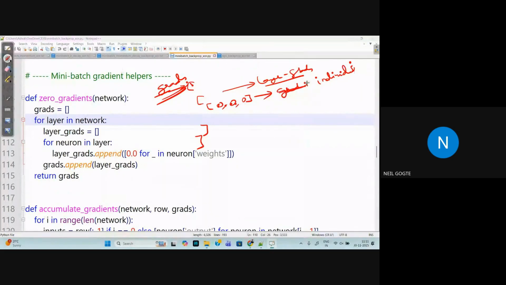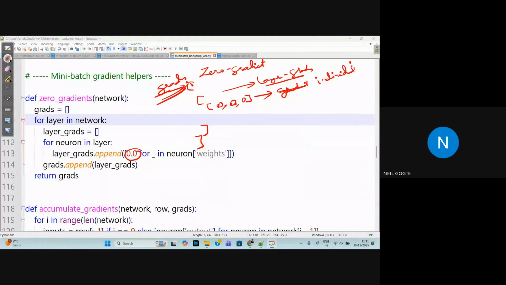For each one of them, initially the gradient is 0. This is the zero grads code, which is done at the beginning of every batch. I will zero out the gradients, and that's it.